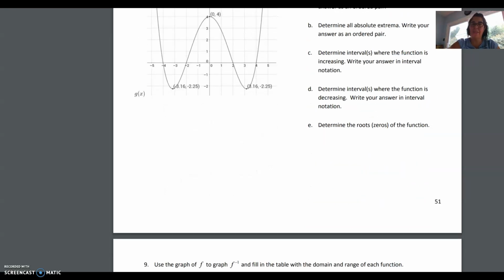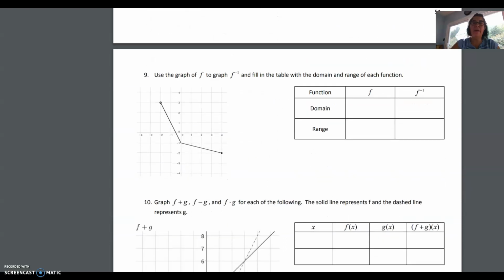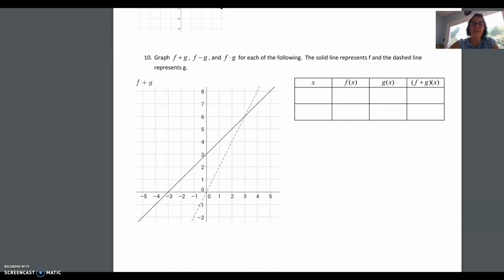Look at the answer key again here. Finding the domain and range of an inverse function from the original function. You can first identify the function's domain and range. The function range will be the inverse function domain, and the function domain will be the inverse function range.